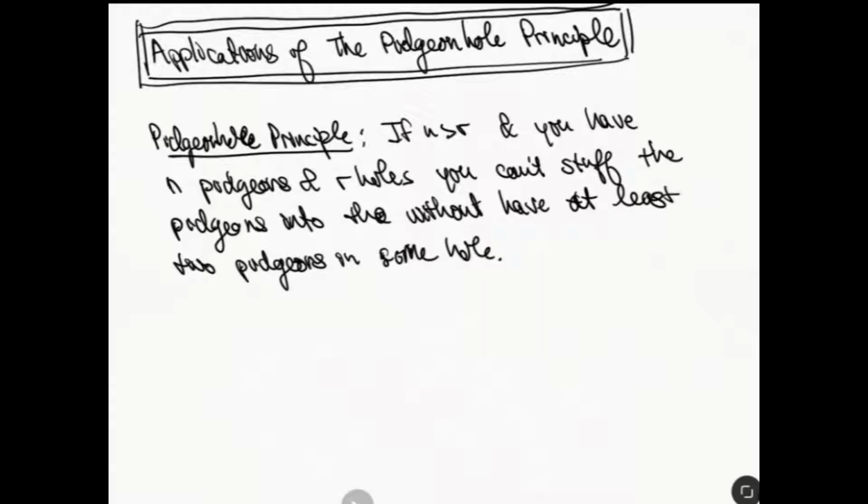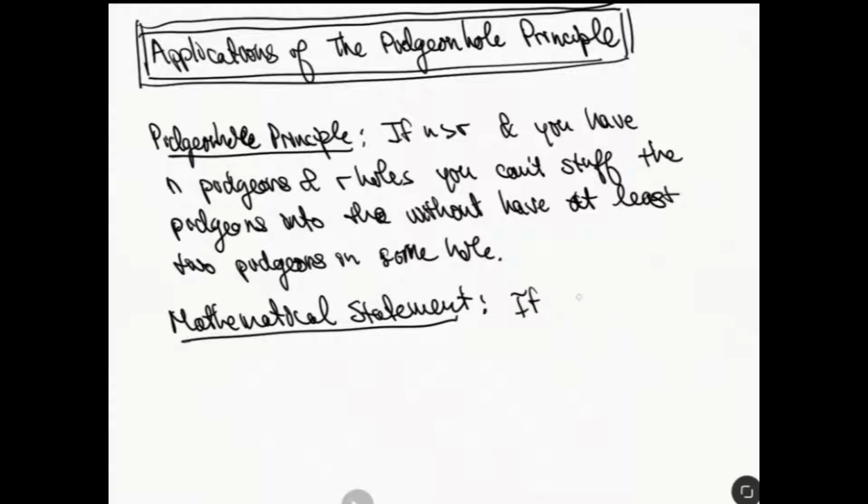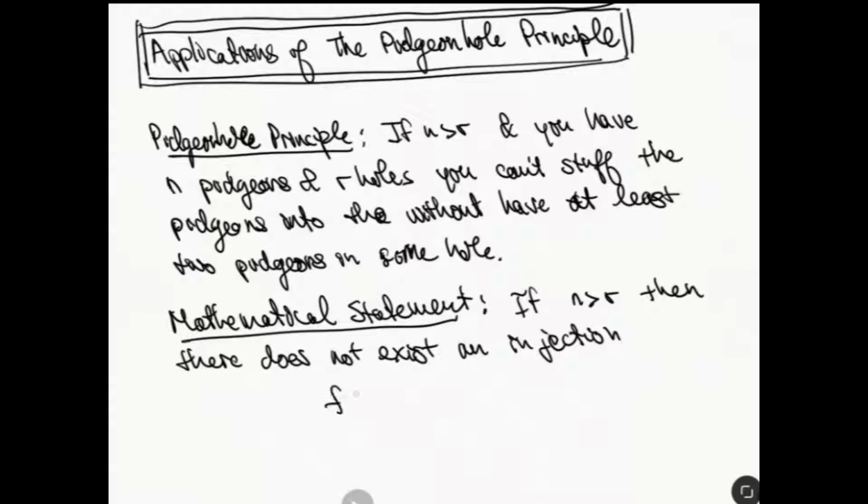Okay, so the mathematical statement is about injections, and it says that if n is bigger than r, then there does not exist an injection f from the larger number of pigeons to the smaller number of holes.